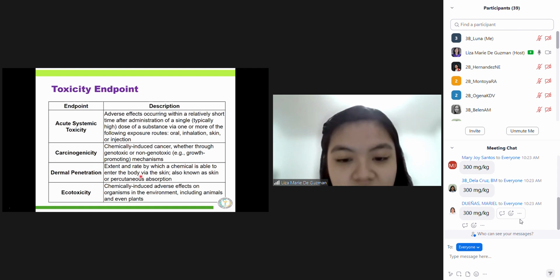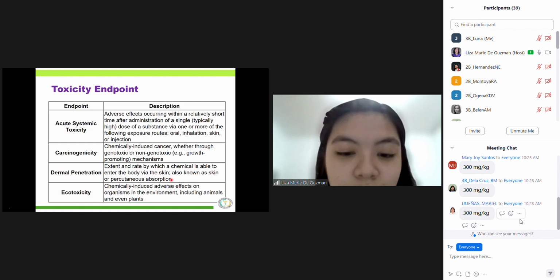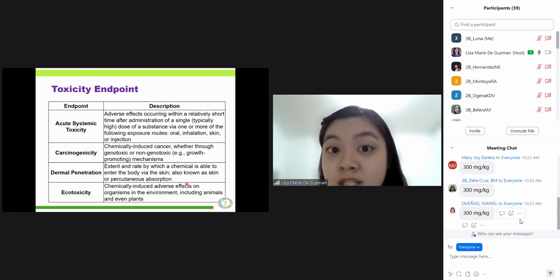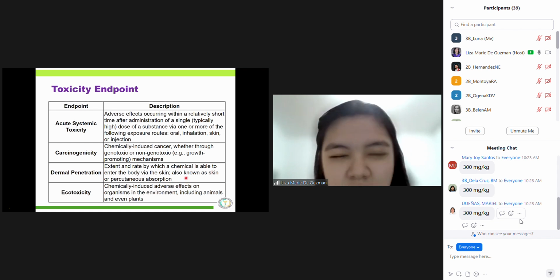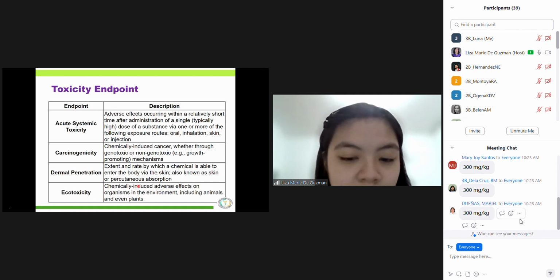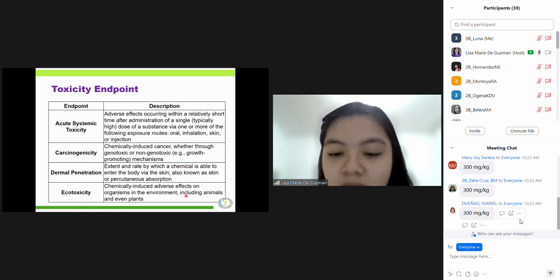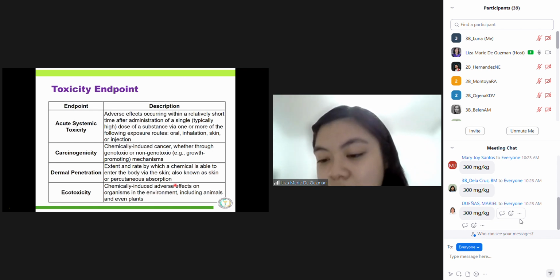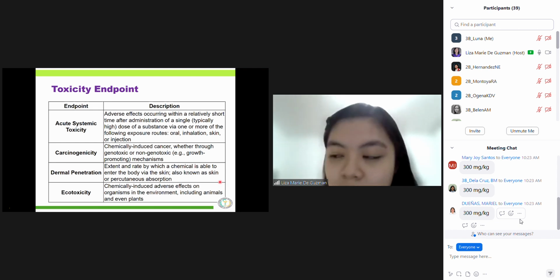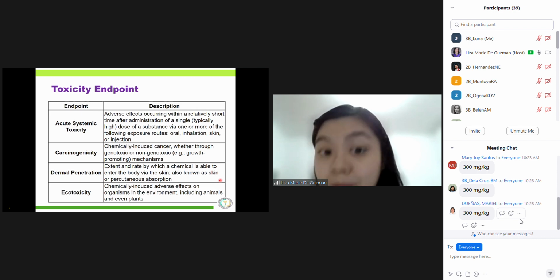Dermal penetration, the extent and rate by which a chemical is able to enter the body via the skin. So we also call it the percutaneous absorption, especially, let's say if your drug will be administered topically. Then ecotoxicity, the effect of the drug or the chemical on the environment. Not only the environment itself, but including the animals and then the plants.